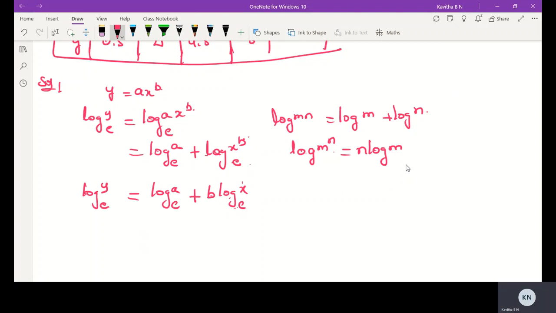Then take capital Y is equal to log y base e.